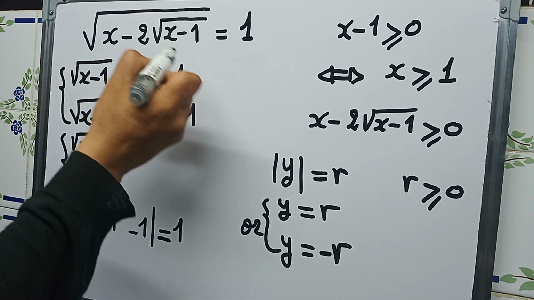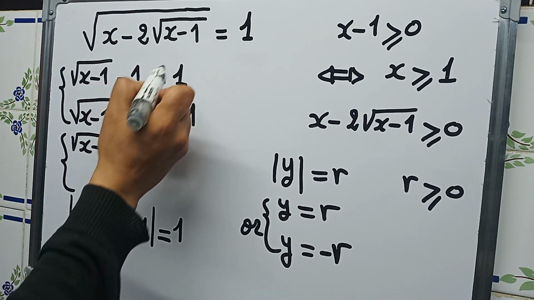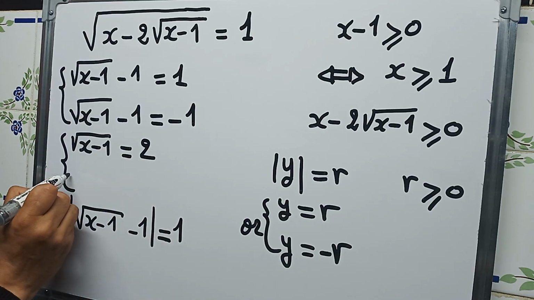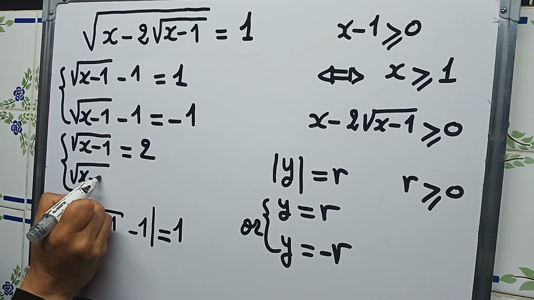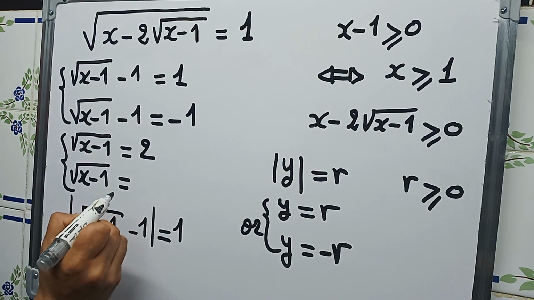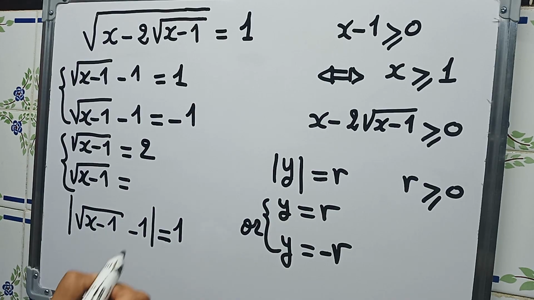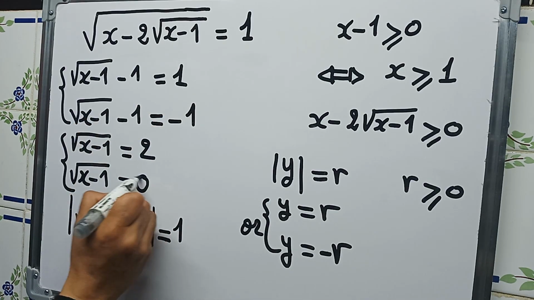meaning that here we have square root of x minus 1 is equal to, taking minus 1 to the other side will become plus 1. So 1 plus 1 is equal to 2, or square root of x minus 1 is equal to, here taking minus 1 to the other side becomes plus 1. So minus 1 plus 1 is just 0.